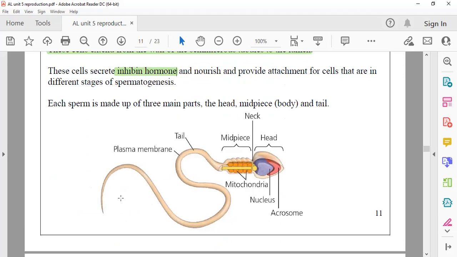The neck. In the neck, you will see a pair of centrioles.